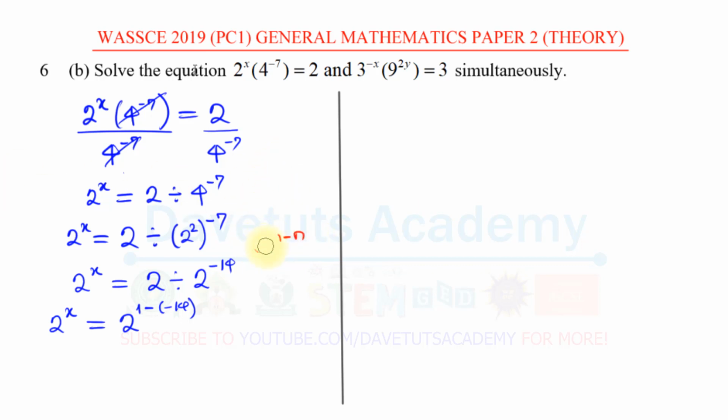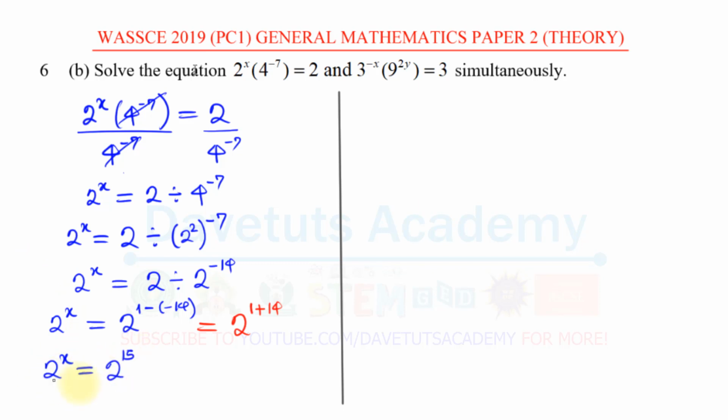So I can just express this as 2 raised to power 1 plus 14, because negatives will multiply one another to give us positive, such that I can now say 2 raised to power x is equal to 2 raised to power 15.